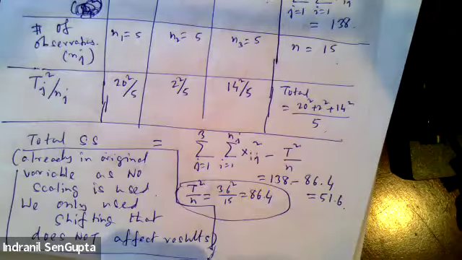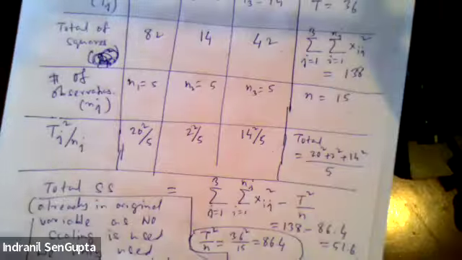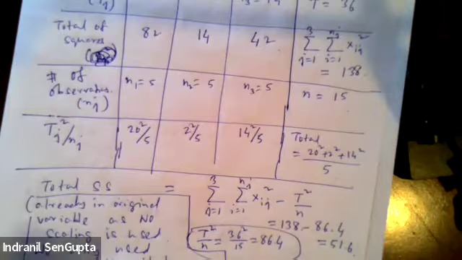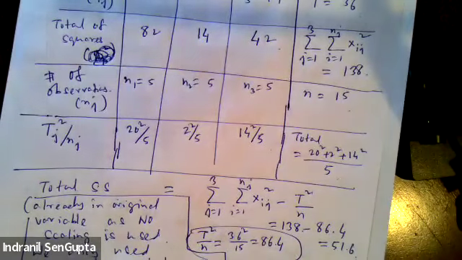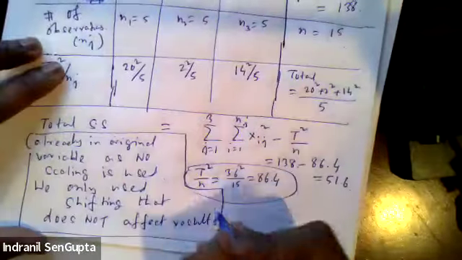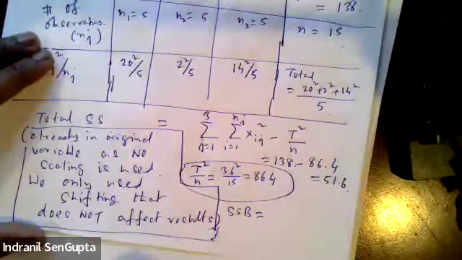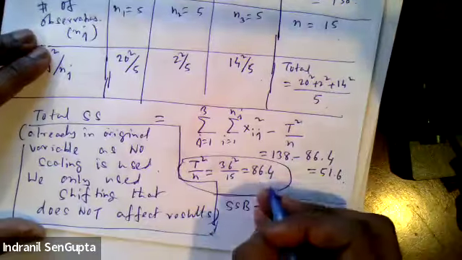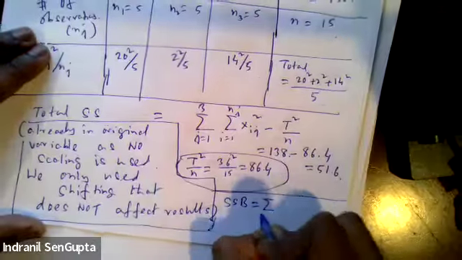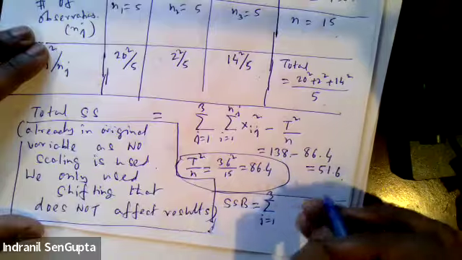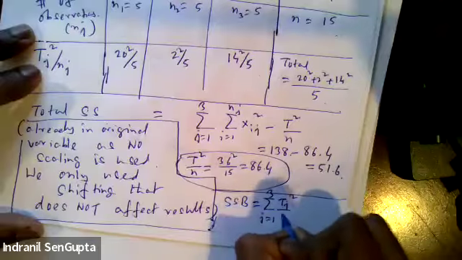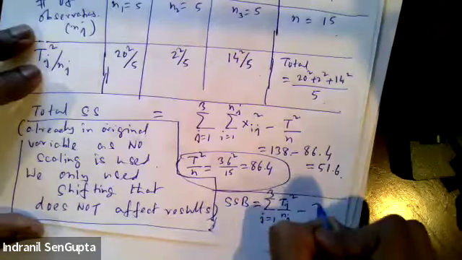Now let's compute SSB. This is total SS. SSB is given by the sum over j from 1 to 3 of Tj squared over nj, minus T squared over n.